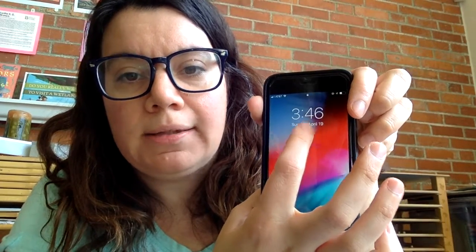All right. We have another kind of clock that's called a digital clock. You may have seen this. This is usually what alarm clocks look like, or you'll see that there's always a digital clock on the phone, and it tells the hour here, and then the minutes. So it's 3:46 p.m. on Sunday.